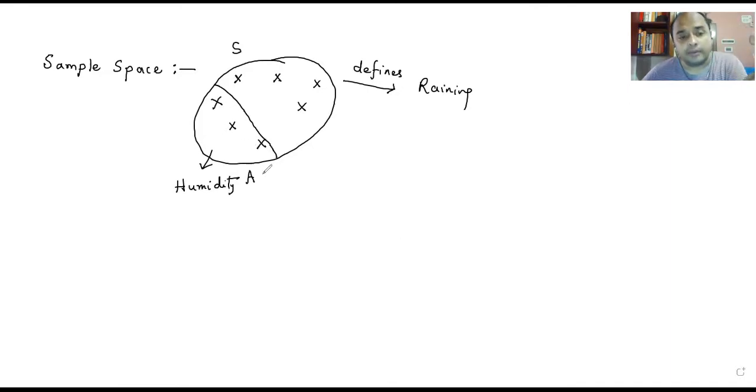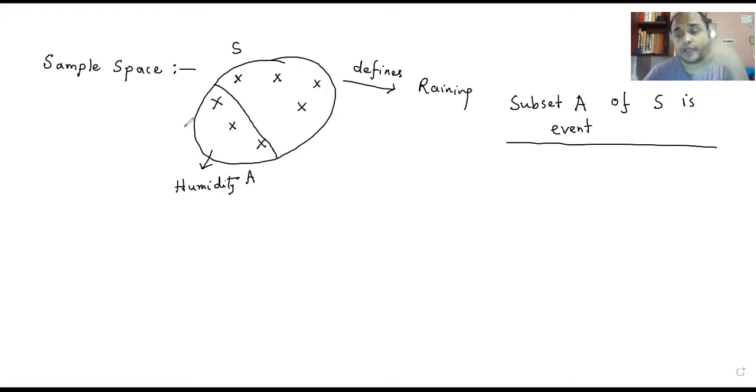Now this particular subset of the entire sample space is called the event. So the definition of an event is that a subset capital A of capital S is called an event. An event is also a collection of parameters taken from the sample space.